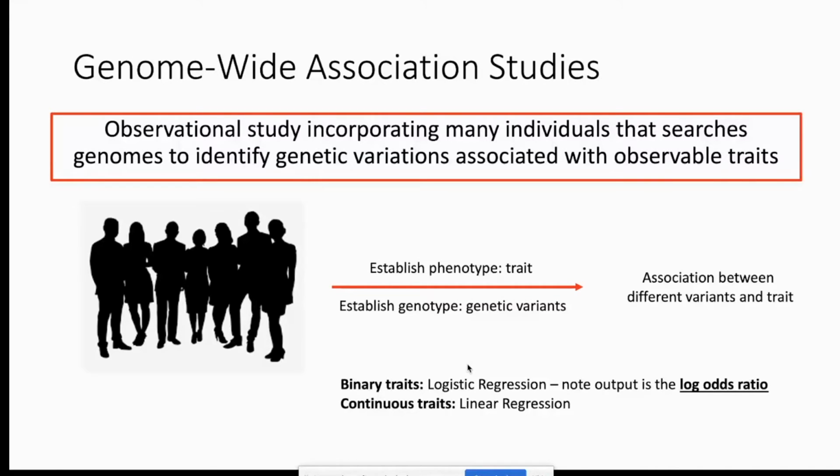And for linear regression, it shows us what is the change in the continuous trait, so something like HbA1c, given this genetic variant. So that's how we get the genome-wide association study data and what it outputs.